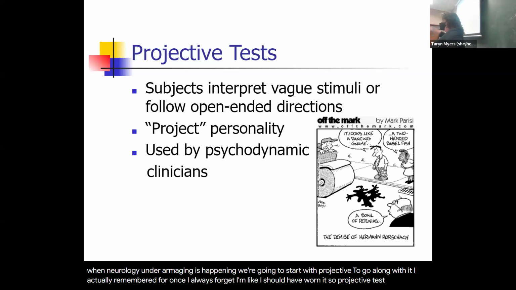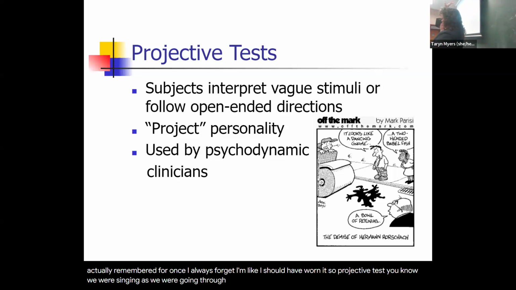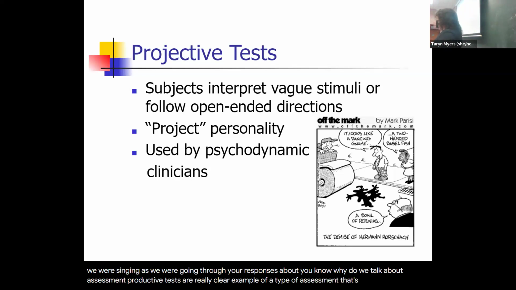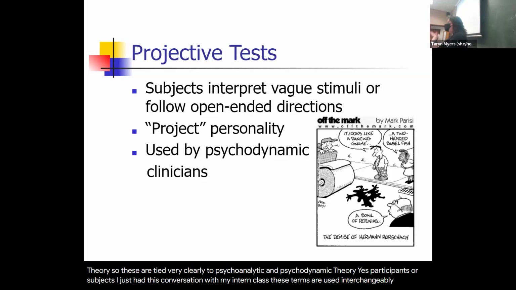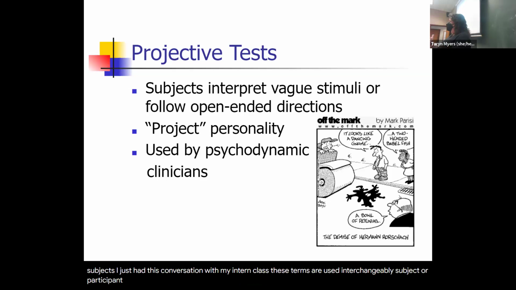So projective tests, as we were going through your responses, we were thinking about why we talk about assessment. Projective tests are a really clear example of a type of assessment that's tied to a particular theory. These are tied very clearly to psychoanalytic and psychodynamic theory. In these tests, participants or subjects, I just had this conversation with my intro class, these terms were used interchangeably. Typically, most psychologists prefer participant in this day and age, because it implies voluntary participation in the study, but you'll see both terms used.